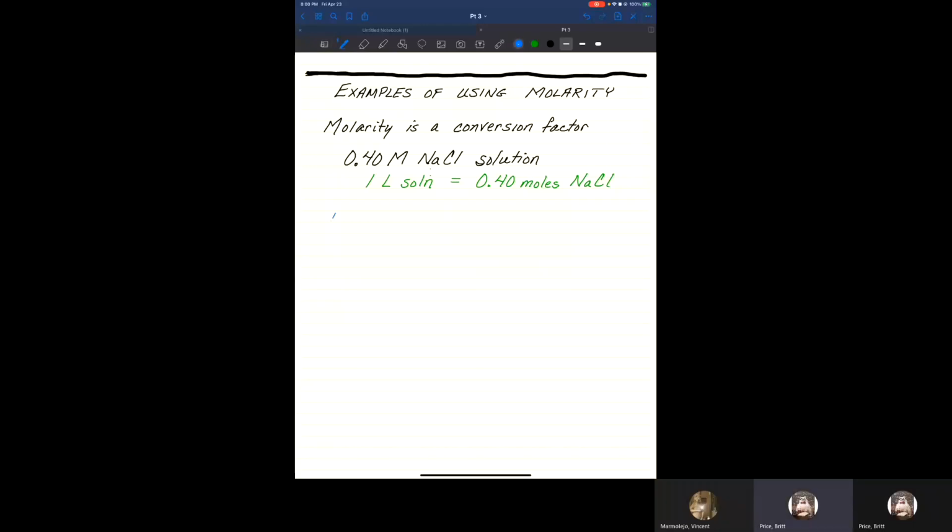Just as an aside, molar mass is a conversion factor.